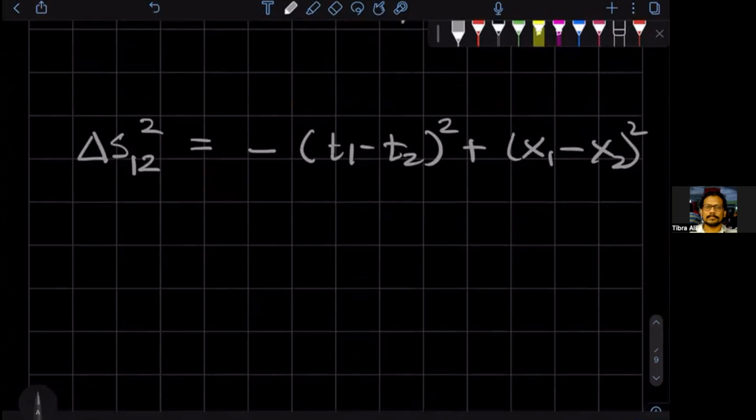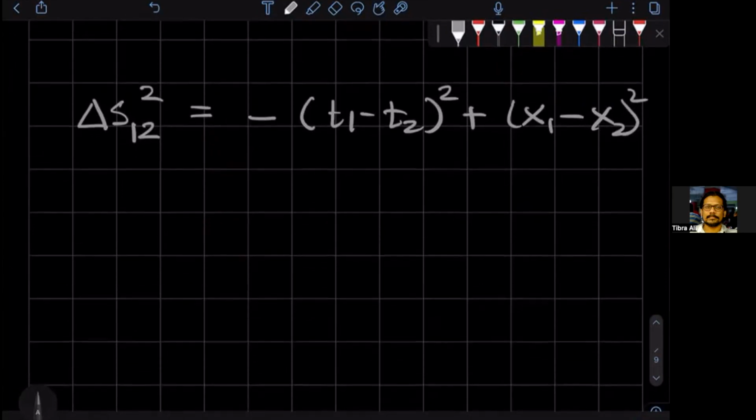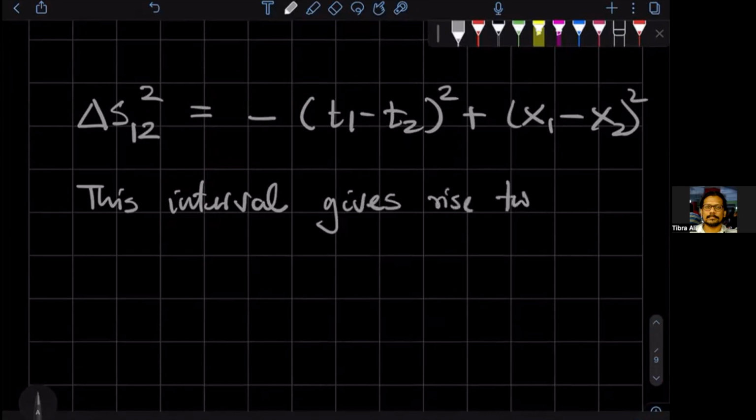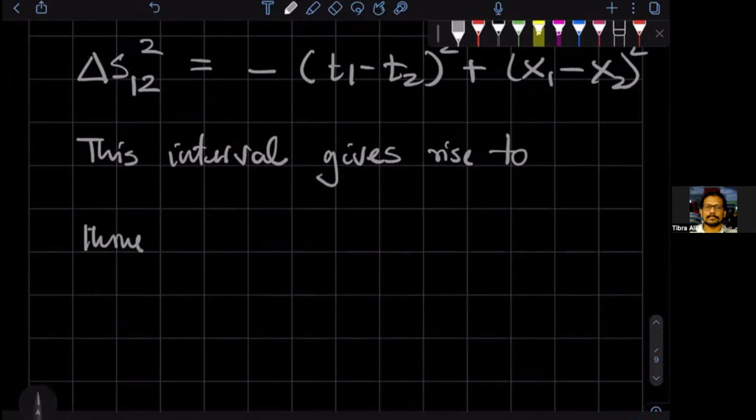All right, so now let's define 3 kinds of intervals, okay? So this interval gives rise to 3 kinds of intervals, or they're more known as separations.